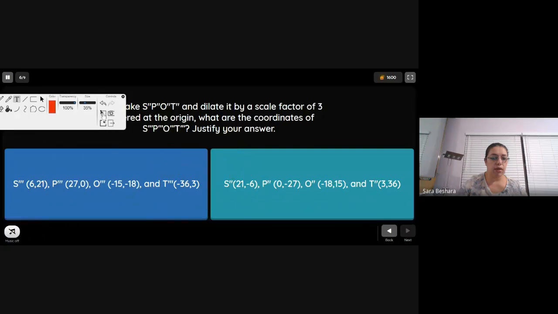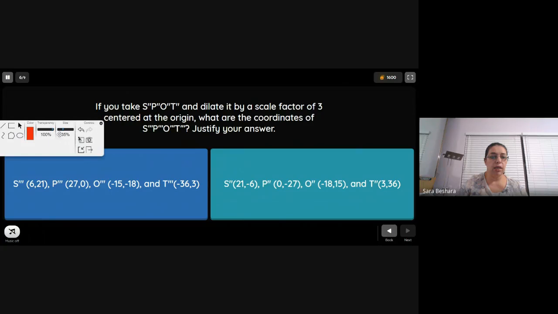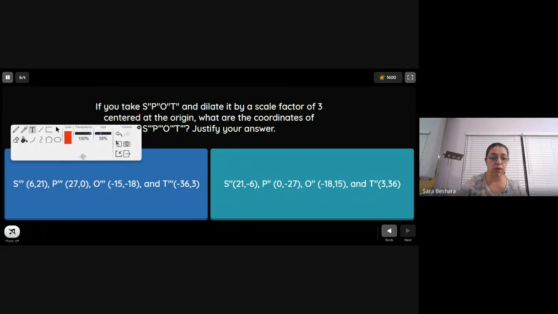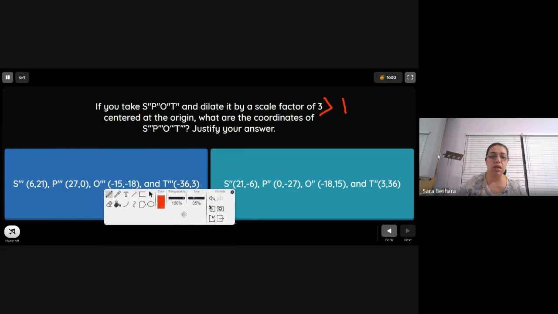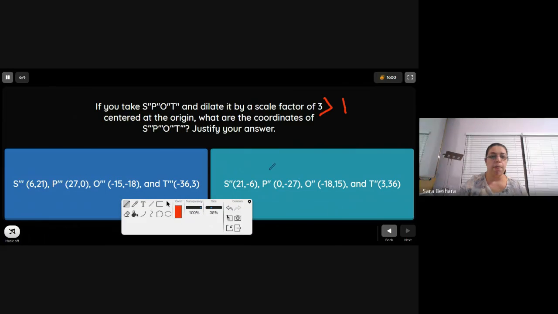Let's clear that. It says if you take the double primes and dilate by a scale factor of 3, this scale factor is greater than 1, which means there is an enlargement in our figure. Center at the origin, what are the coordinates of the triple prime? So that's a third transformation.